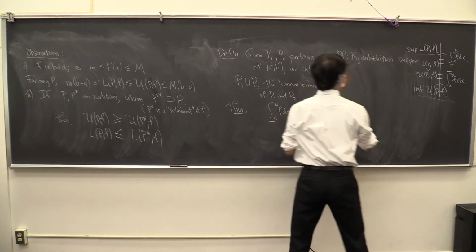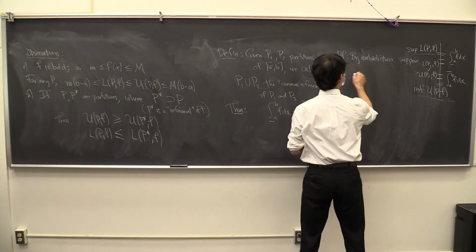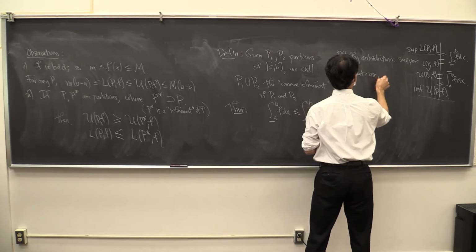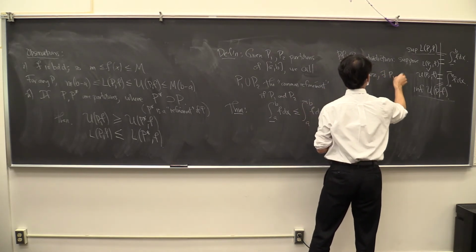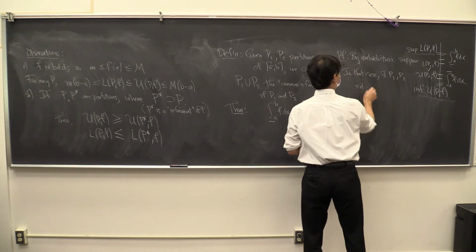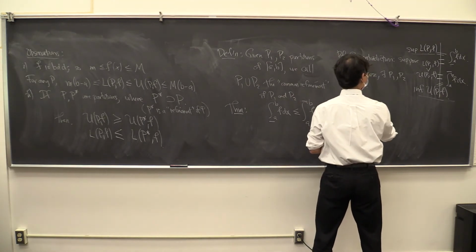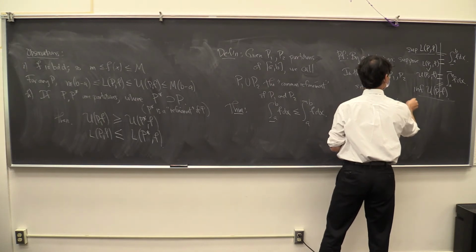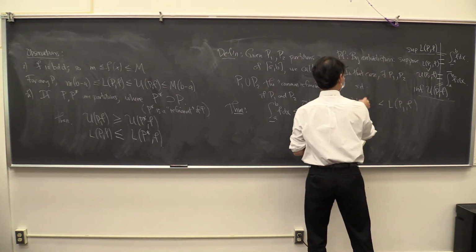Okay, so in that case, there exist P1 and P2 such that the lower sum of P1 is strictly bigger than the upper sum of P2.